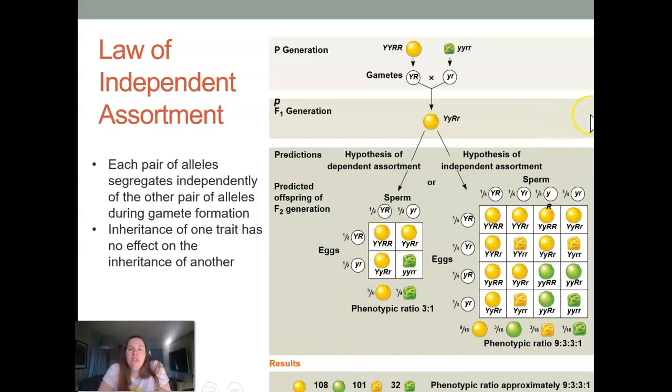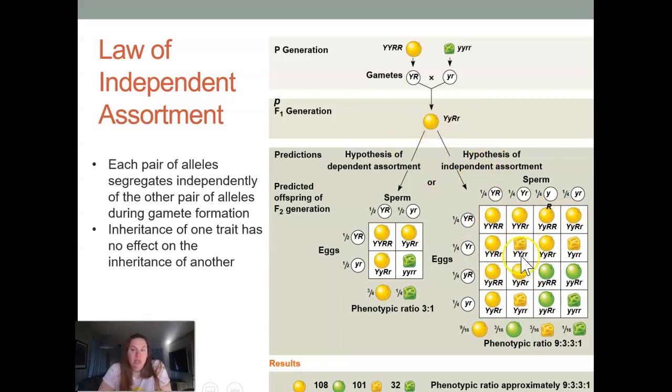Now, if those alleles separate themselves independently of one another, he's going to see a much more complex phenotypic ratio of 9:3:3:1. In other words, he's going to see a mixing of these phenotypes.